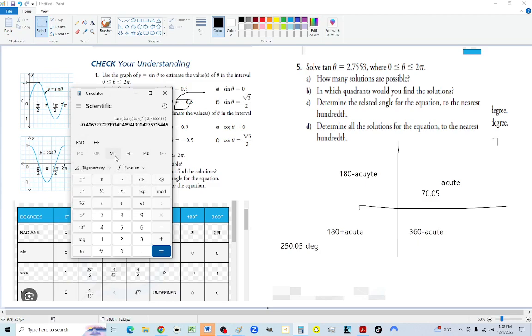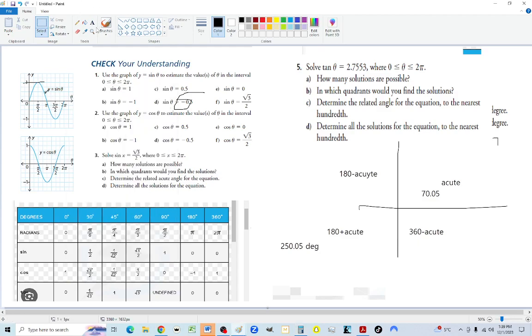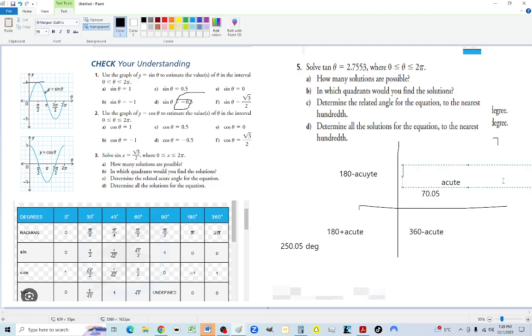And this is how many radians. I don't know why they gave us that. Let's try this again. So they're telling us this is 2.7553, and I'm going to make sure I'm in radians and take the arctan. And they're telling me this is how many radians. So this is definitely the first quadrant.